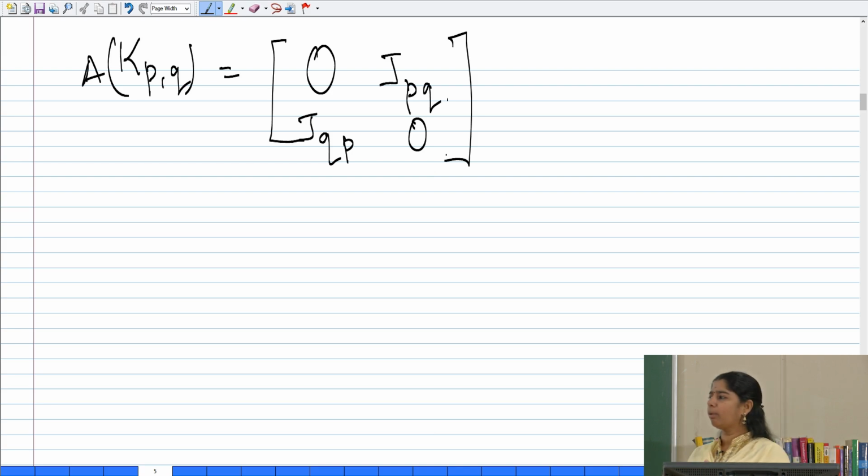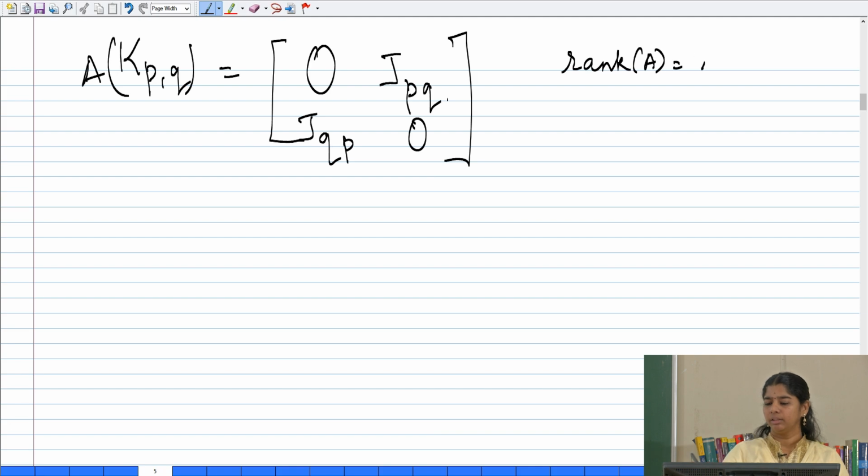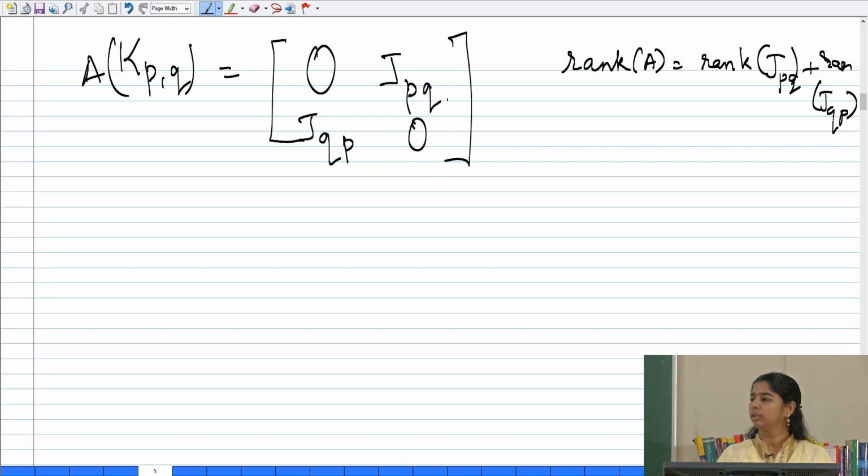If I want to talk about the eigenvalues of this, what is the rank of this matrix? We can quickly go through rank, it would be easier. Since we have a block representation, we can easily see that the rank of this matrix is nothing but the sum of the ranks of J_{PQ} and J_{QP}, right. So, rank of A is rank of J_{PQ} plus rank of J_{QP}.